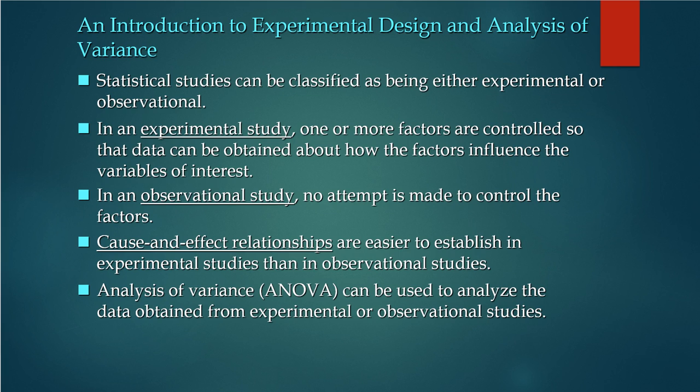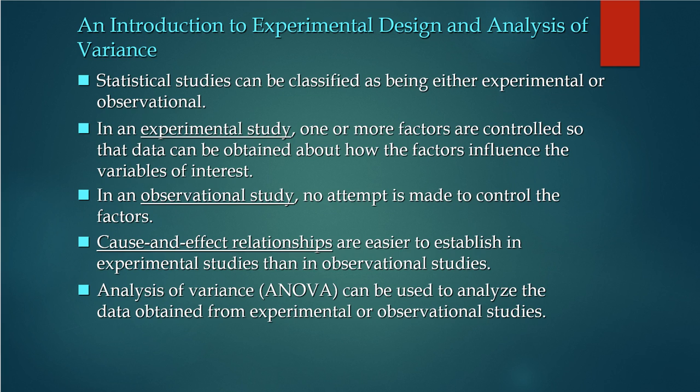We're noticing what people are doing, and we're looking at what those effects are without trying to control the environment in any way, shape, or form. Cause and effect relationships are easier to establish in experimental studies than observational studies, but a lot of times in statistics, we remind ourselves that just because things go together doesn't mean they cause each other.